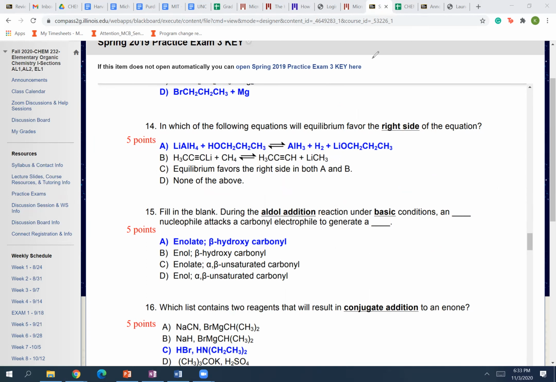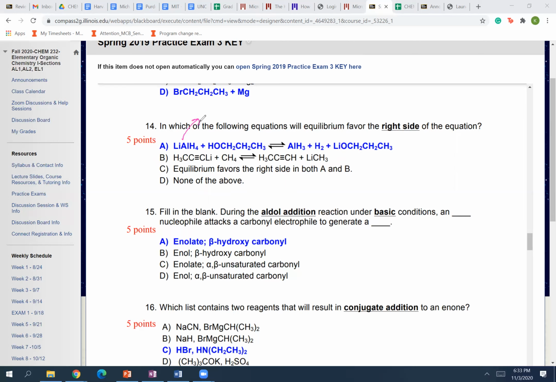So if we go back and we think about all of the different rules that we had when evaluating acidity, we had a couple things we could think about. We could think about atoms in the same row, atoms in the same column. We could think about resonance, and we could also think about the inductive effect. So before we get into any of that, let's just identify.